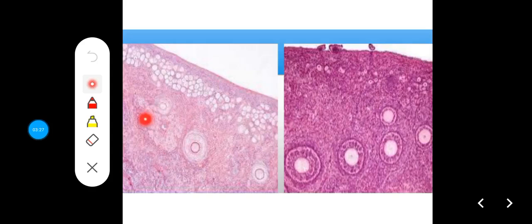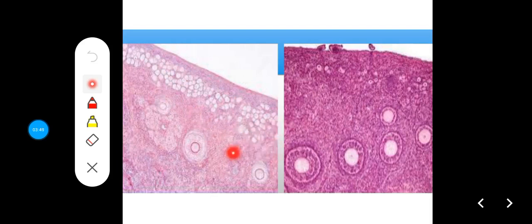Then this is the primary follicle. Notice the inner circular structure within it, which represents the developing ovum. Same thing here, an inner circle within this outer circle. You can see numerous small follicles here, which represent the primordial follicles. Same thing here.